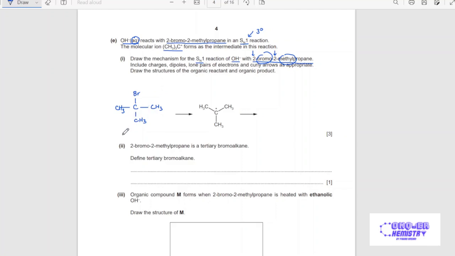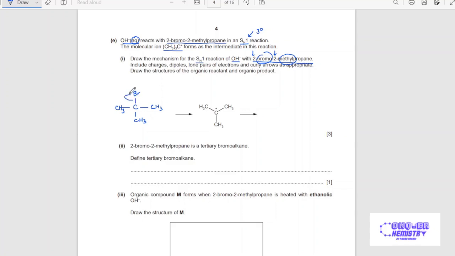Now in SN1, remember that the SN1 mechanism involves only one reactant in the slow step, the first step. And that is the halogenoalkane itself. The carbon-bromine single bond is first going to break in heterolytic fission, where both electrons in this bond, the carbon-bromine, are going to go to the bromine.